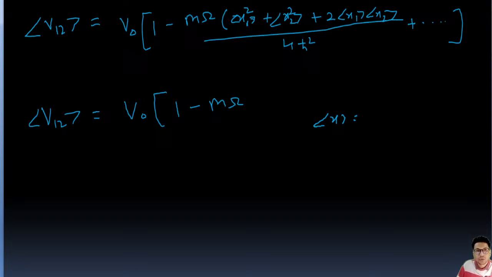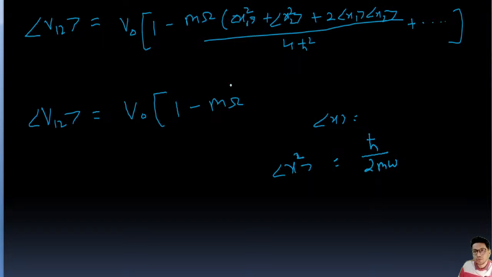Okay, so the value of this x1 square also we know. The expectation value of x square, this is position, we know that is h cut upon 2m omega, okay.